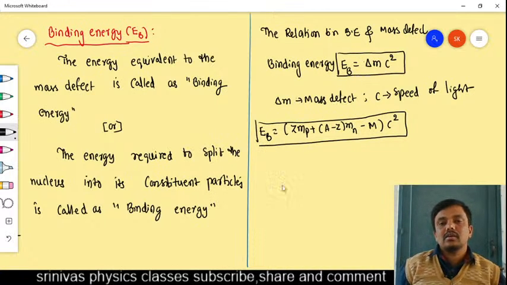Here delta M is the mass defect, and C is the speed of light.